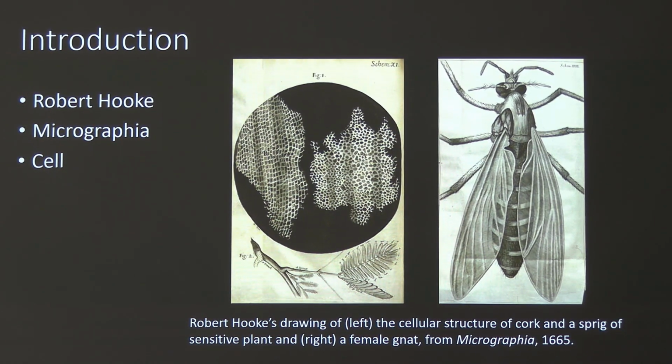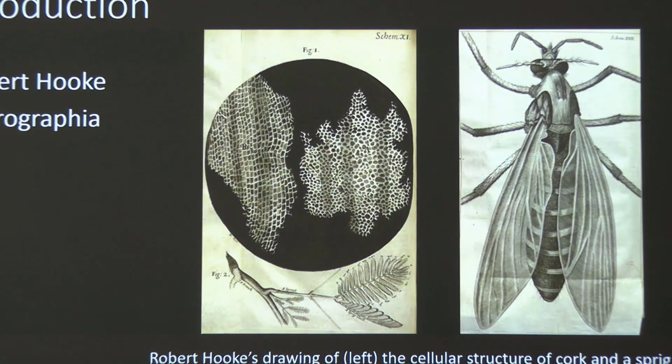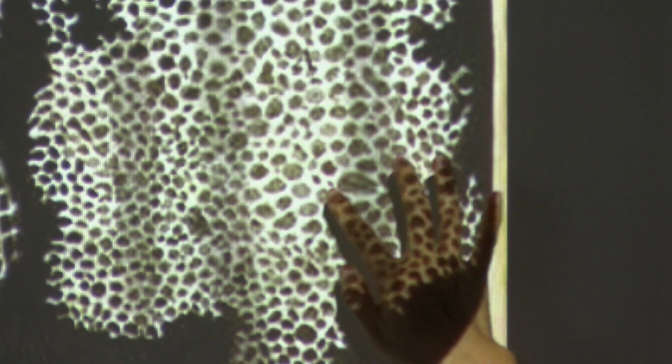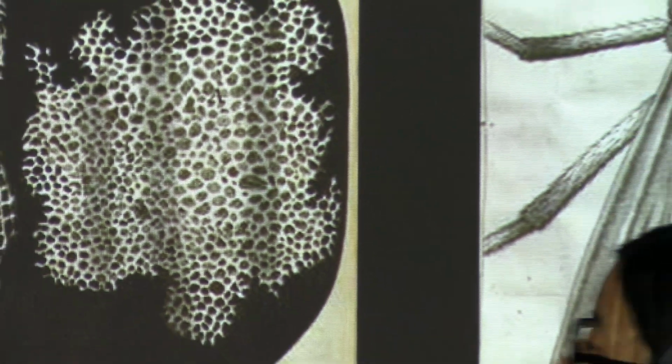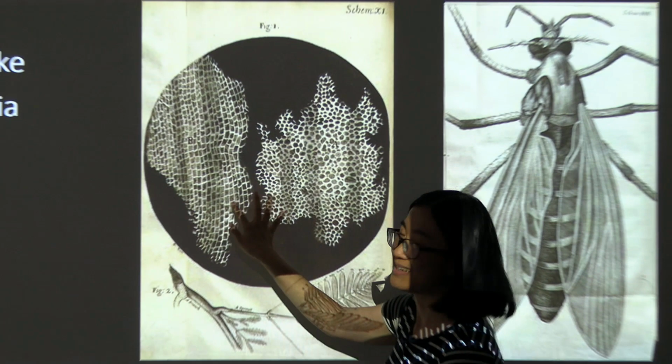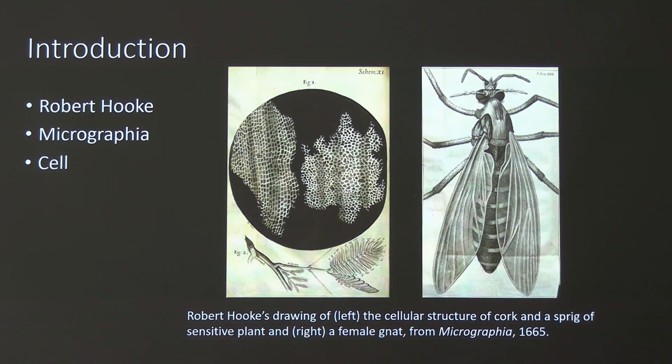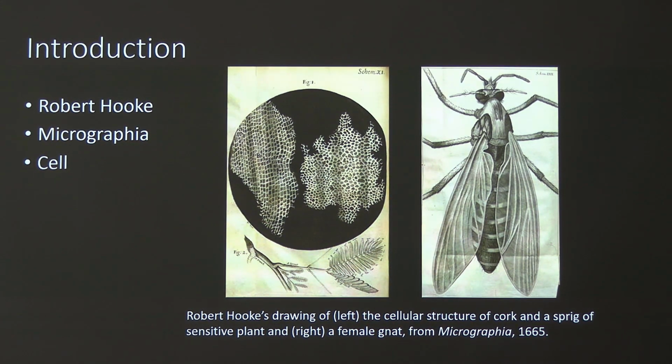And as you can see from this photo, he observed some tree leaves, and he saw these small particles, small rooms under the instruments, and he gave the name cell to these little particles. And thereafter, people use cells to name the little components of our living world.